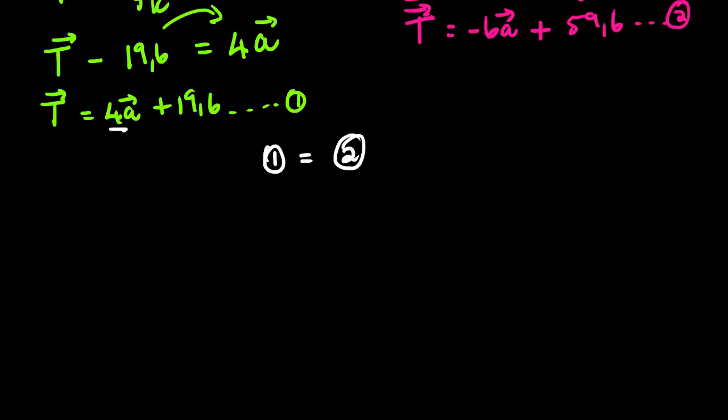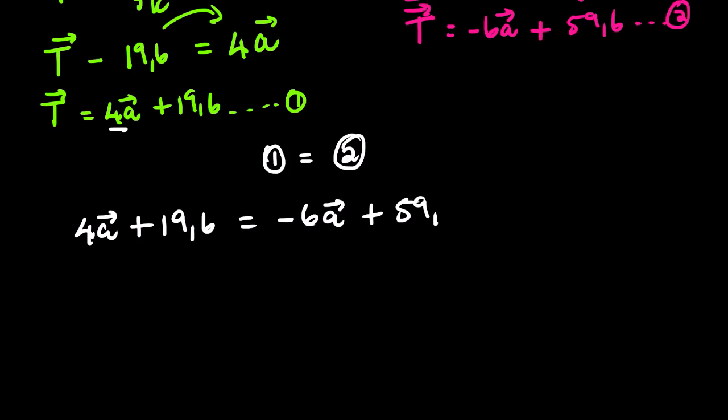So 4a plus 19.6 equals negative 6a plus 59.6. Now let us take all the terms with a to one side, and all the terms without a to the other side.